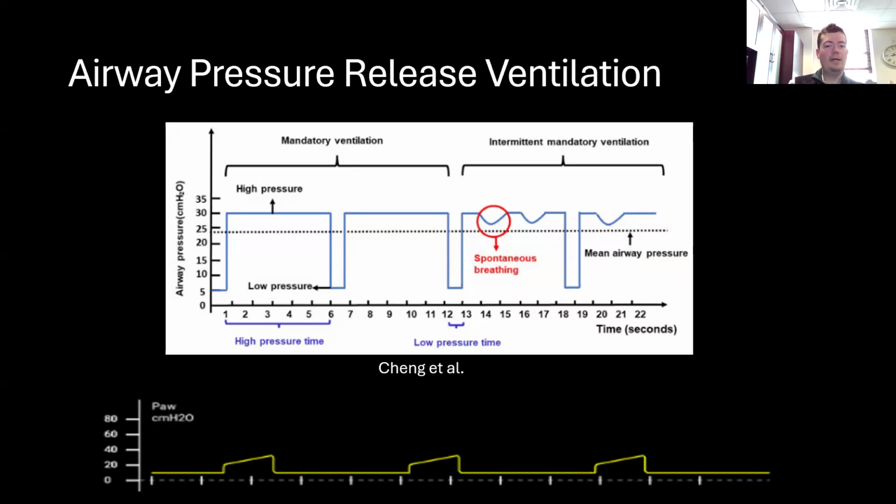The higher intrathoracic pressure can reduce your preload and subsequently your cardiac output. So this is something to keep in mind because if you have a patient whose hemodynamic status is already tenuous, you may need to resuscitate them more in that respect before attempting some of these situations, which are going to be using higher PEEP or inverse ratios or APRV.